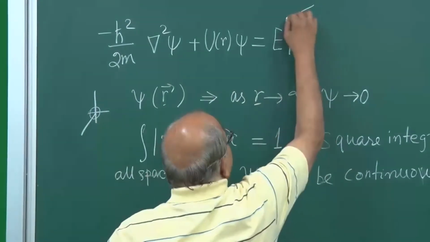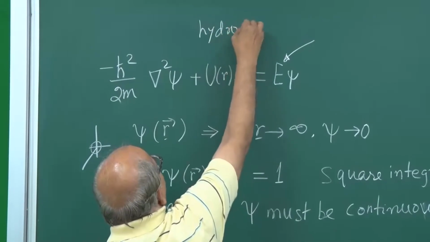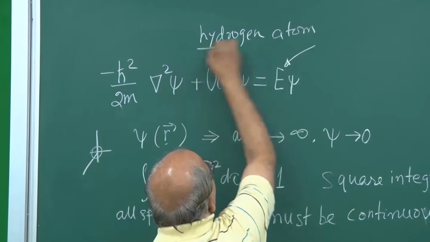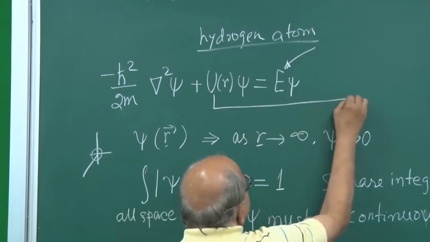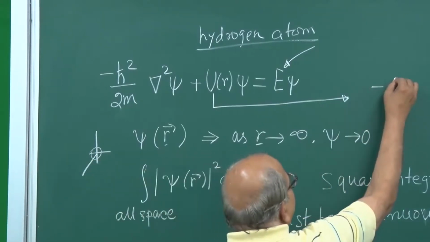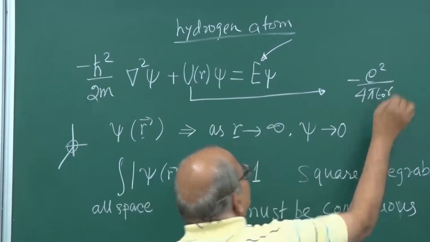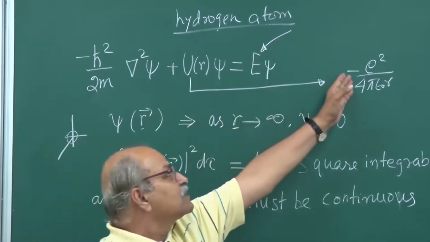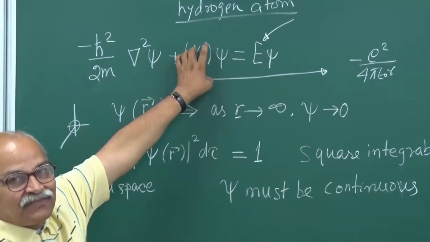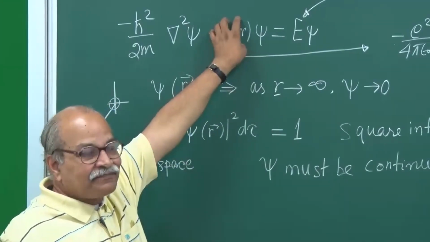So suppose it is the hydrogen atom, I am talking of the electron in a hydrogen atom. That means this U(r) that I am writing is minus e square over 4 pi epsilon naught r. Once I write U(r) equal to minus e square by 4 pi epsilon naught r, I am talking of the hydrogen atom. If I am talking of something else, then this U(r) will be different.